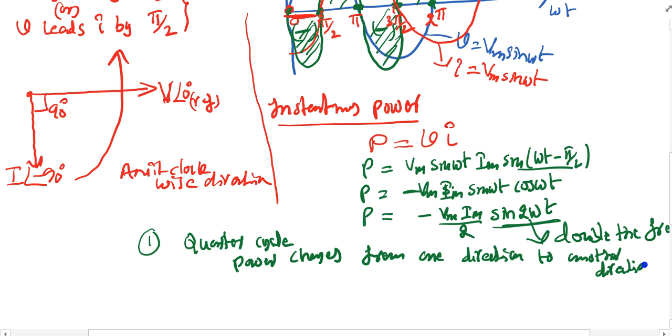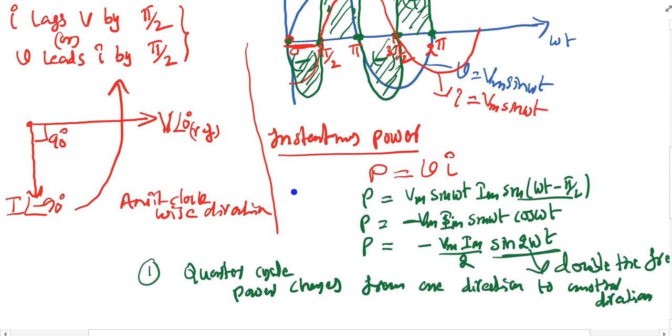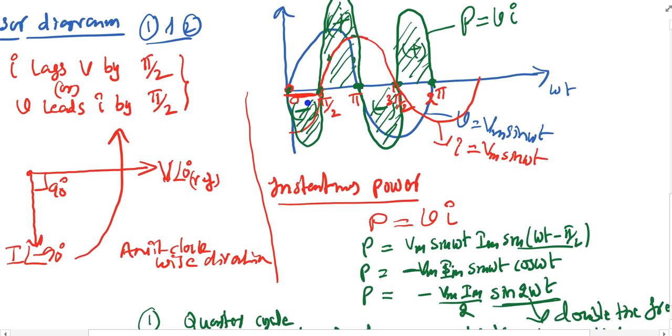It means in the first quarter cycle it is coming in the negative direction, in another quarter cycle it is going in the positive direction. It means for one quarter cycle the inductor takes the energy, and in another quarter cycle the inductor returns the energy, or supplies the energy. That is the meaning.